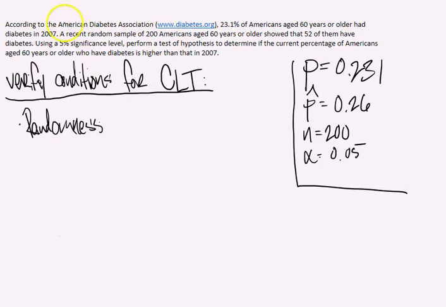It was not coming from the American Diabetes Association. That's where we got our population information, right? Here we have a recent random sample. It doesn't say where it's collected from, but it is stated that it's random. So we can say that it's been stated a random sample.